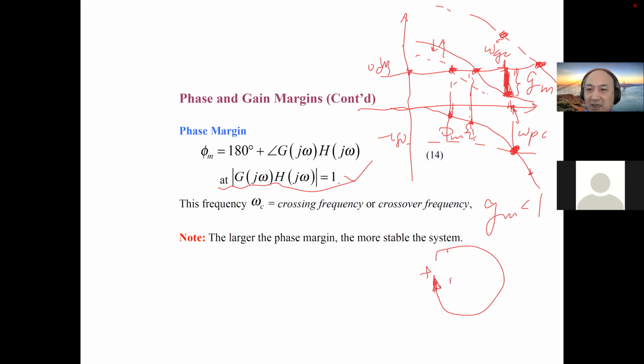Then corresponding to 180 here, at the phase crossover, this is my new gain margin. So that gain margin is negative. So the system is unstable.